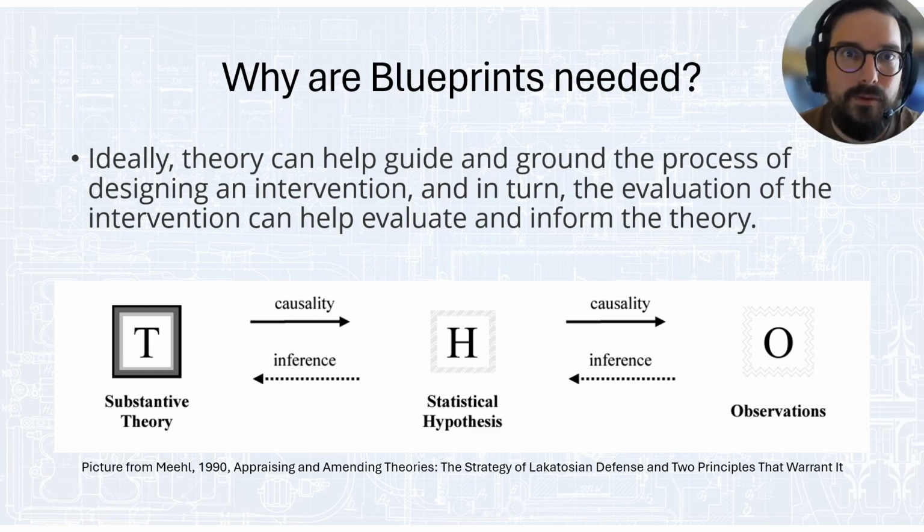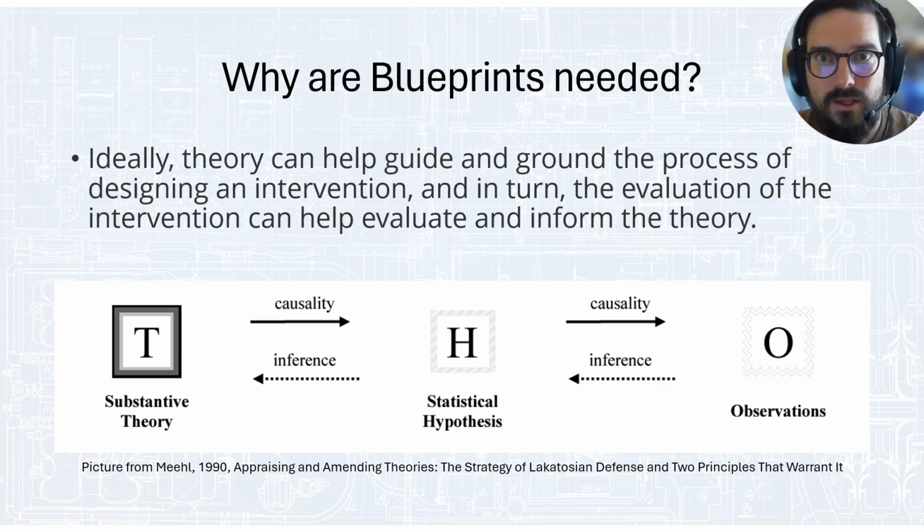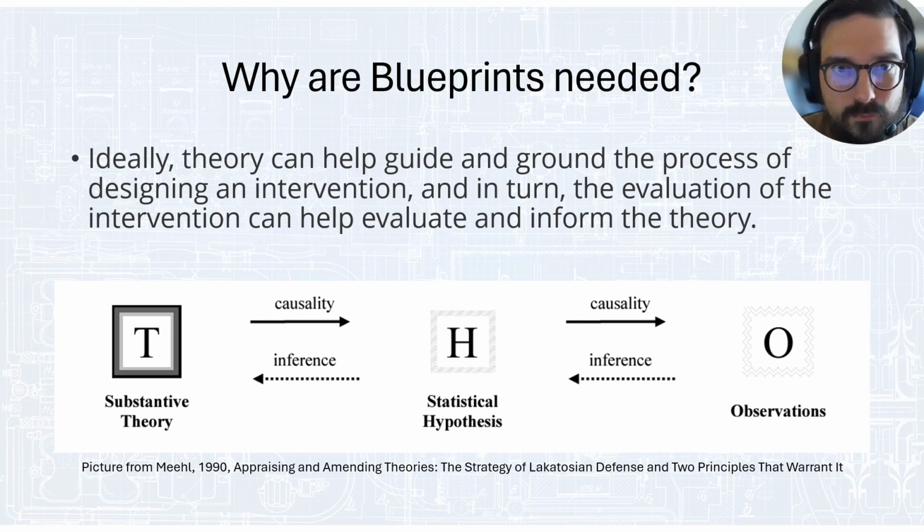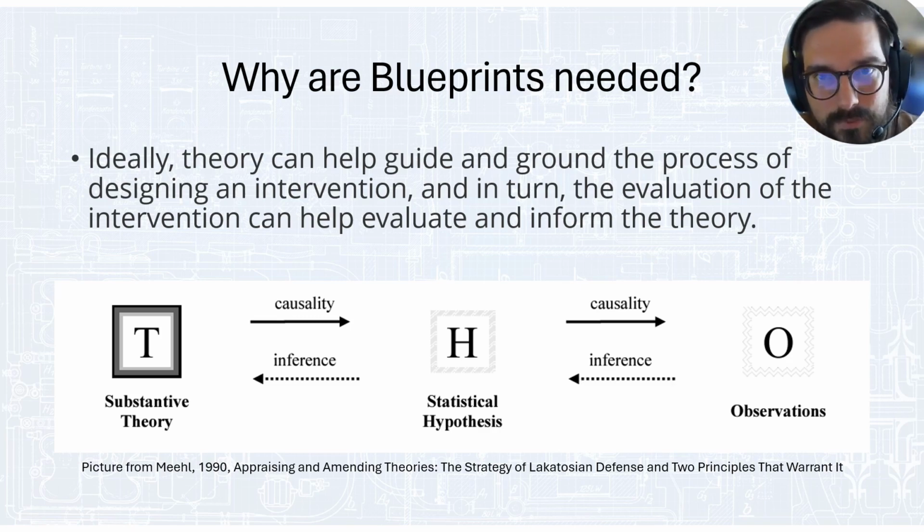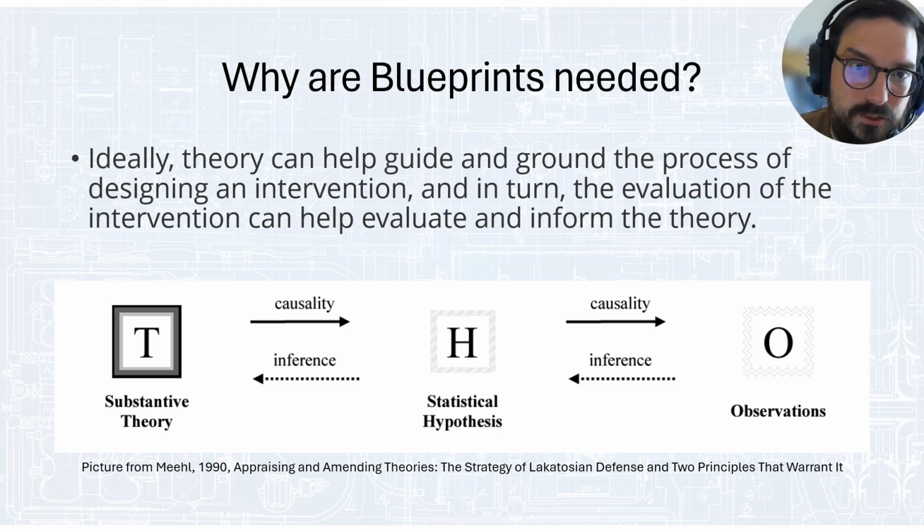Ideally, with theory-based interventions in behavioral science, an inference loop is established where theory can help guide and ground the process of designing an intervention, and in turn, the evaluation of the intervention can help evaluate and inform the theory, shown below here with a picture from clinical psychologist Paul Meehl, which shows that theory can inform a hypothesis, which in turn can be tested with observations, and these observations then can tell you something about the hypothesis, which in turn can tell you something about the theory, and around it goes.